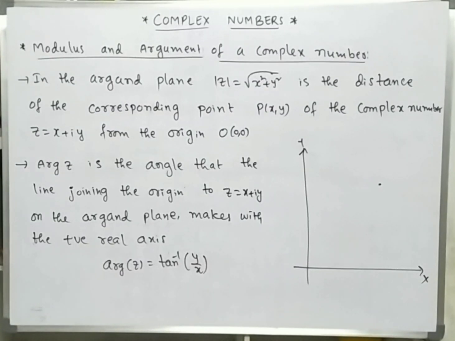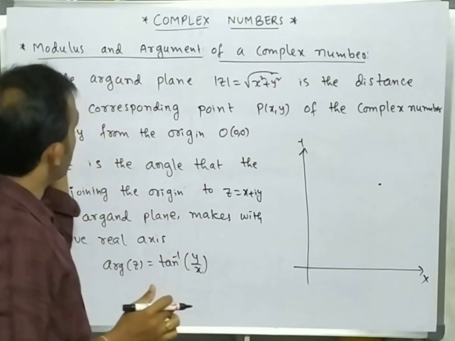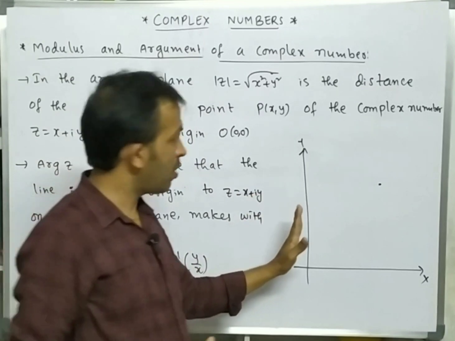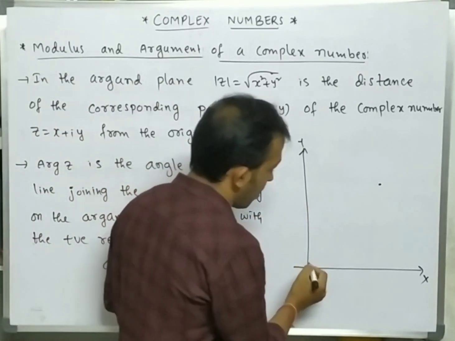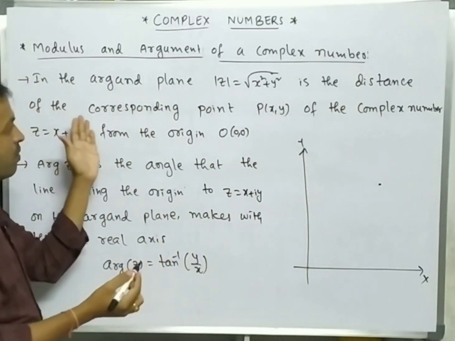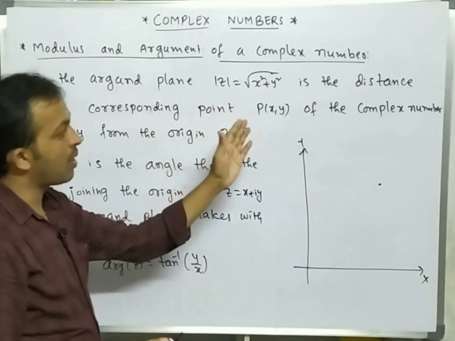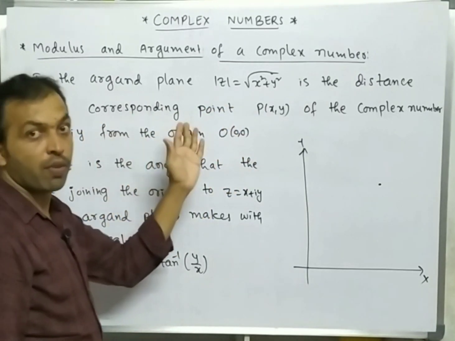Next, geometrical representation of the modulus and argument of a complex number. In the Argand plane, mod z is equal to the square root of x squared plus y squared. That means this is the distance of the corresponding point P(x, y) of the complex number z equal to x plus iy from the origin.